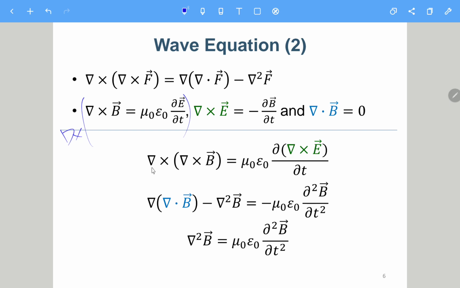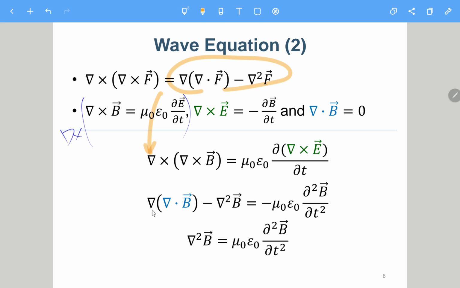The left side is actually the same as the left-hand side of the curl identity, so we can just put this one into here. The only thing we need to do is change the F vector to the B vector.